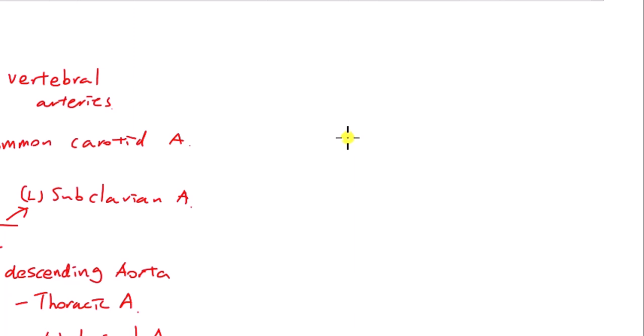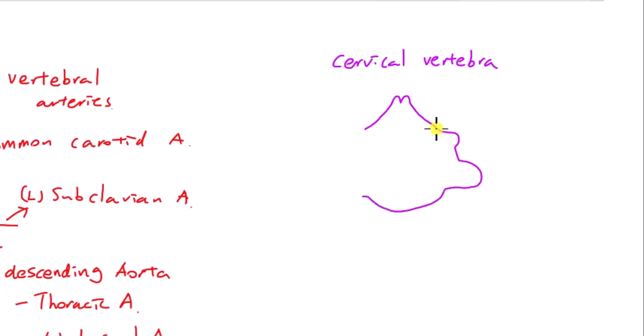I wanted to draw a cervical vertebra. There's an articular process, and then a transverse process, vertebral body, transverse process, pedicle, articular process, lamina, and around the lamina there's a vertebral canal, and there is the vertebral body.